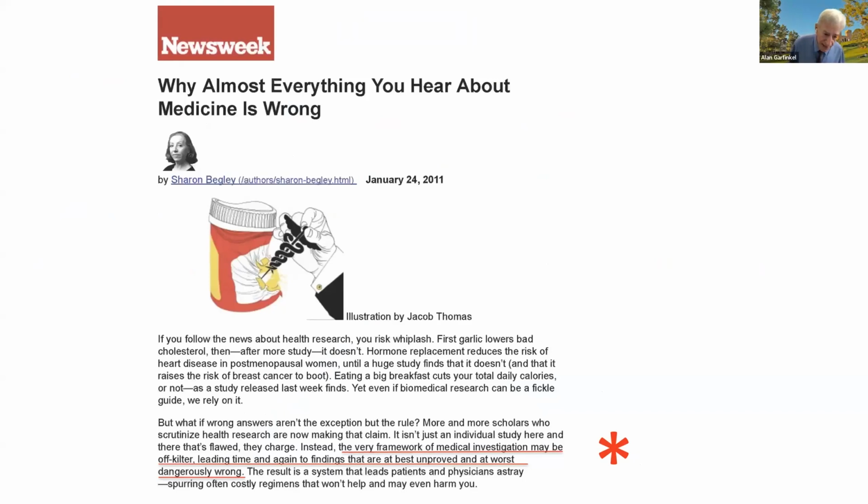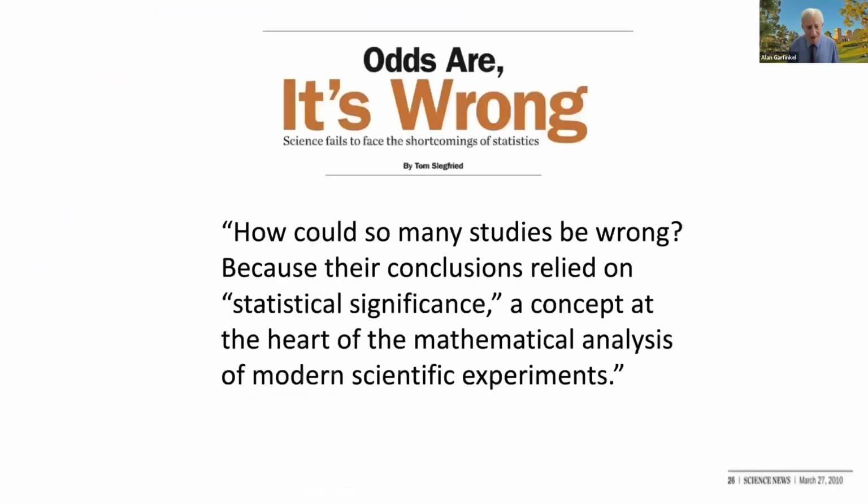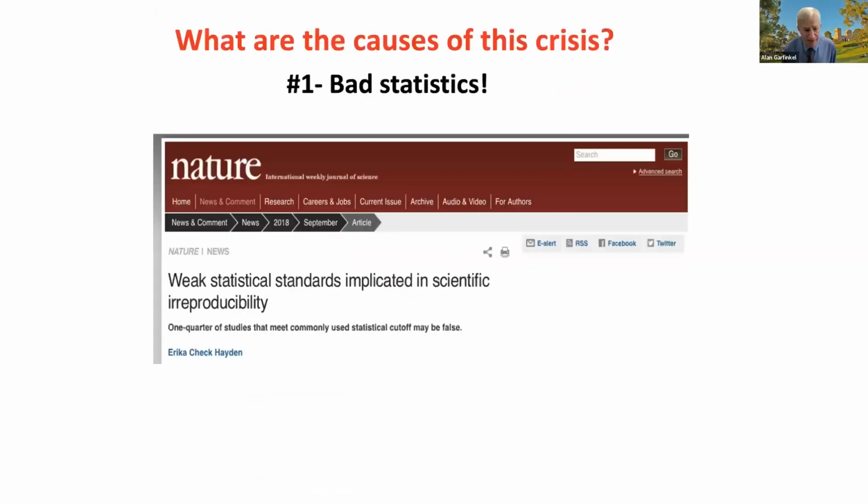Aspirin prevents heart attacks. Six months later, aspirin does not prevent heart attacks. How could so many studies be wrong? Because they relied on this concept of statistical significance. And this has now been identified at the highest levels as scientific irreproducibility. One of the big contributors is bad statistics.